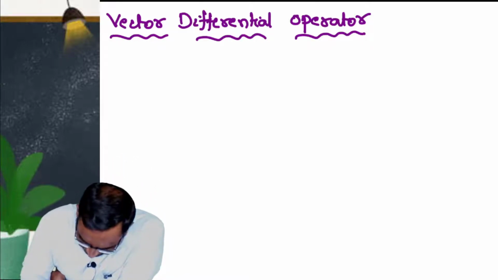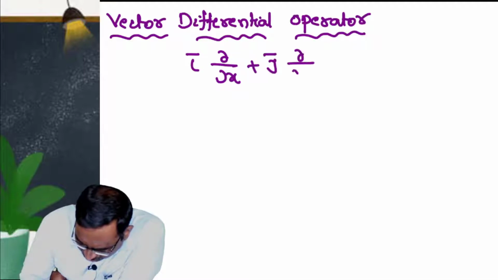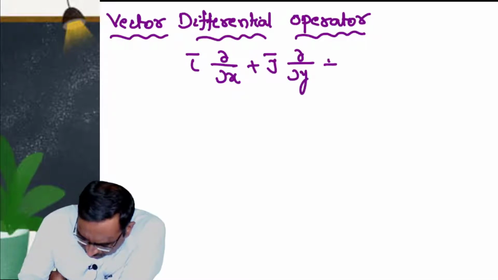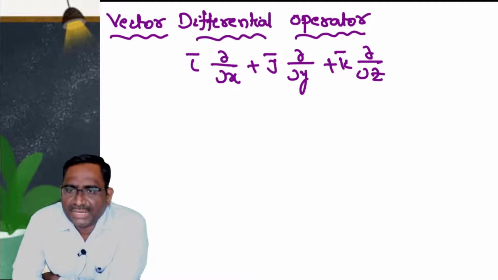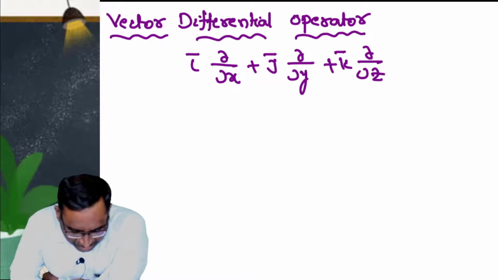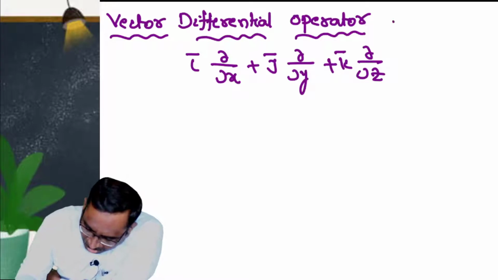first of all, the vector differential operator is i bar dou over dou x, j bar dou over dou y plus k bar dou over dou z. This is called a vector differential operator, or this is also called Hamilton operator.